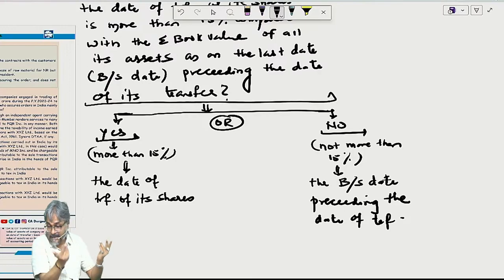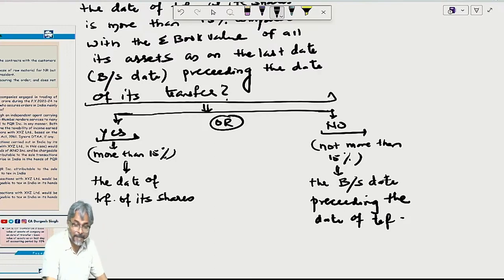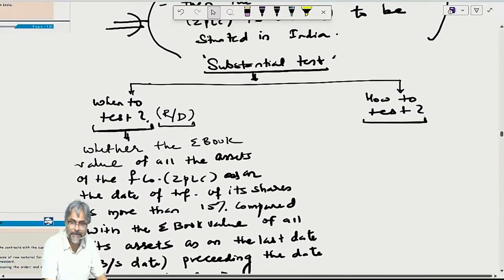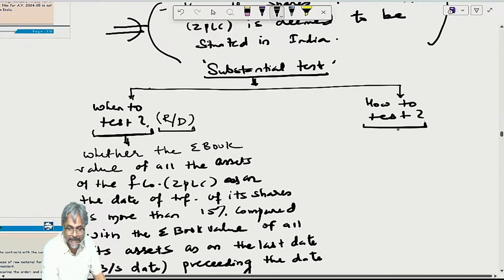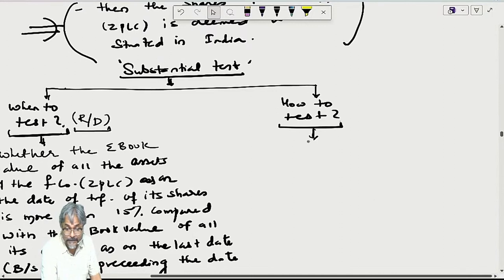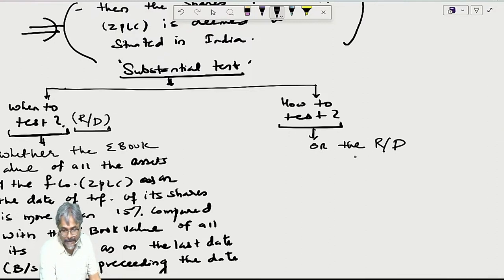Once this date is frozen, now you come to this. How to test? That is the game. So over here, RD is the relevant date. On the relevant date, two things.